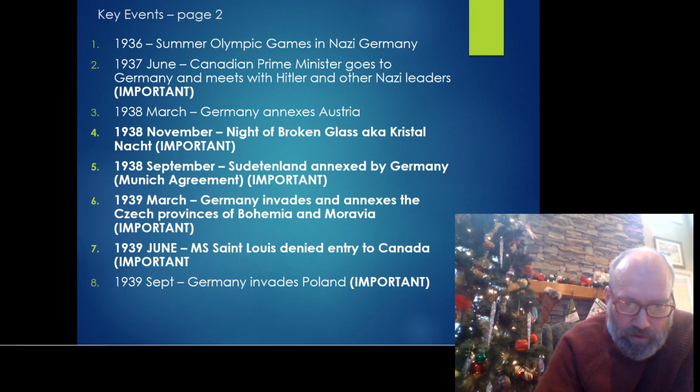Okay, 1938, September, Sudetenland annexed by Germany, Munich Agreement. This is super important. This is the classic example of appeasement. To understand the definition of appeasement, it's important to understand this example. The Sudetenland is land that belonged to Czechoslovakia, and it's where they had built their fortifications and their defenses in hilly lands.